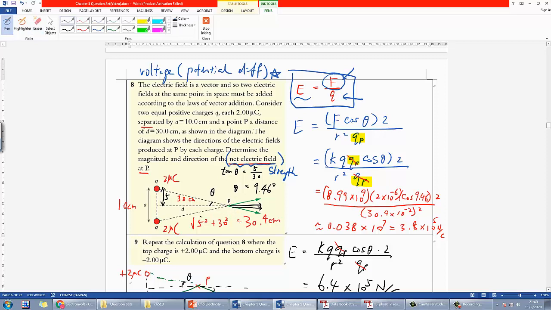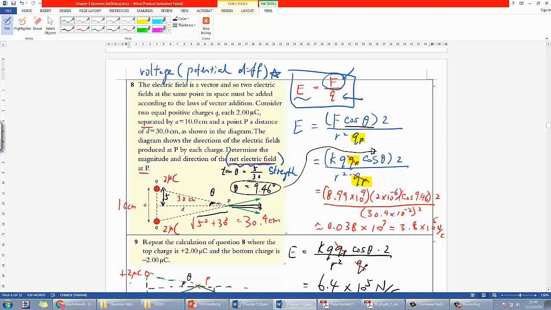That's why you don't have to care about them, and why I took cosine theta, because I define this angle that way. The angle can be found using tangent by looking at the geometry: d is 30 and this is half, so this is 5. You can find the angle yourself, and then use it to find the component.